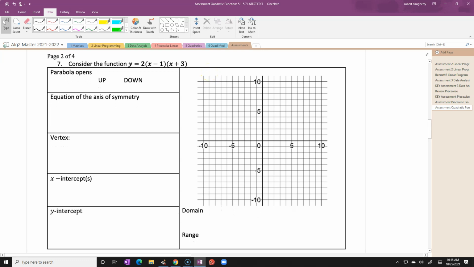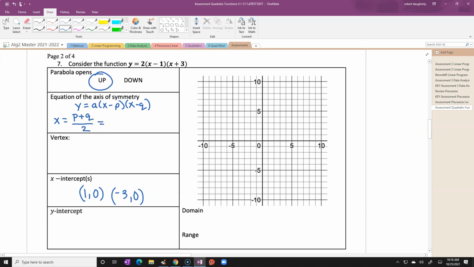Okay, this parabola will open up. Its axis of symmetry, well, first of all, let me look at its x-intercepts. The x-intercepts are (1, 0) and (negative 3, 0). The vertex, the axis of symmetry, if this is in the form y equals a(x minus p)(x minus q), we know the axis of symmetry is just (p plus q) over 2.